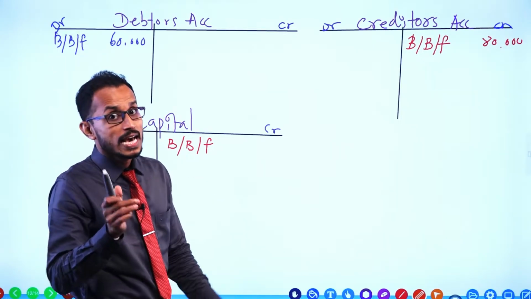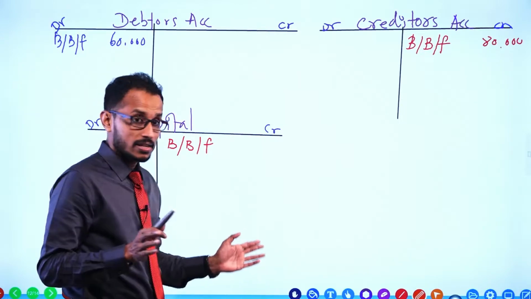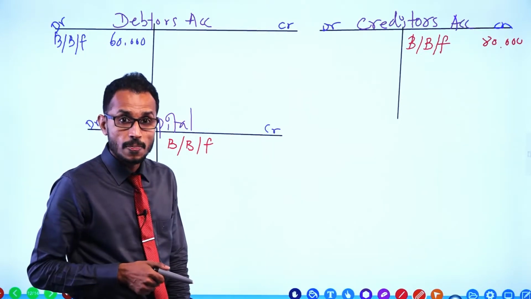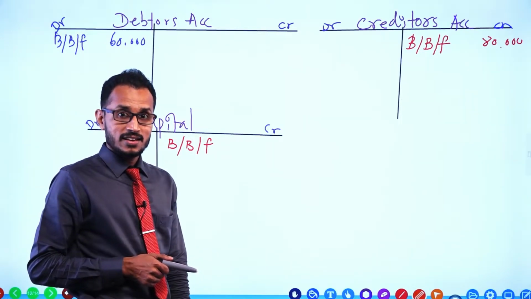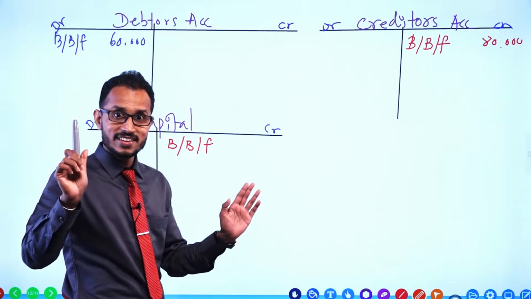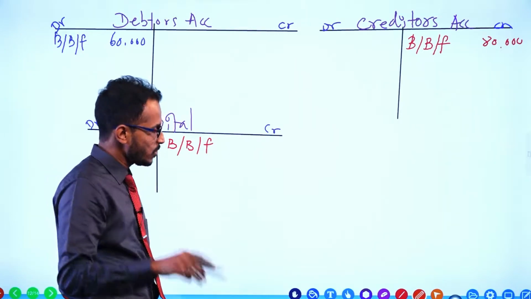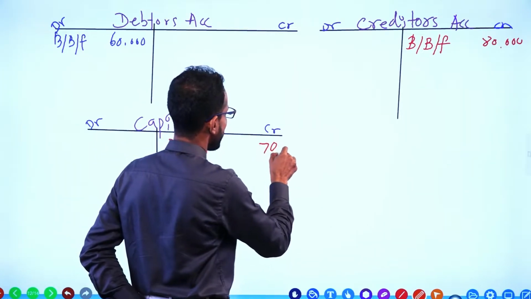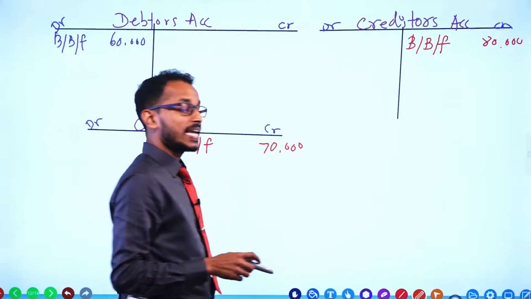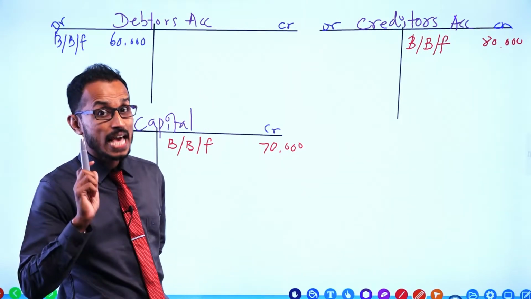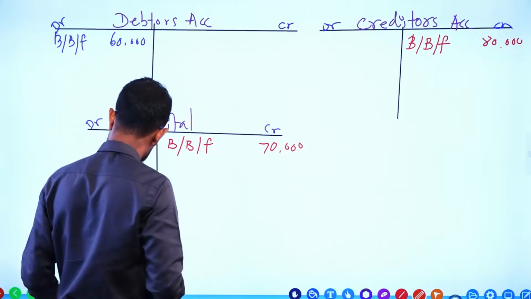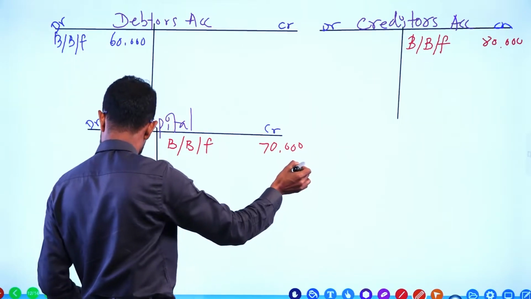You said, yeah, the capital account, the balance should be on the debit side. Accept it. Good if you remembered that the balance should be on the credit side in the capital account.